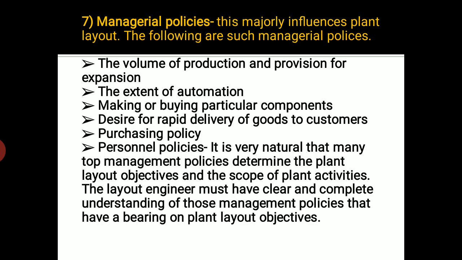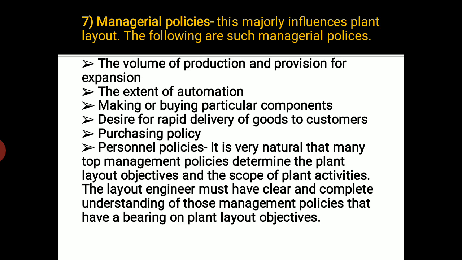It is very natural that many top management policies determine the plant layout objectives and the scope of plant activities. The layout engineer must have a clear and complete understanding of those management policies that have a bearing on the plant layout objectives. That means if you want to have the ideal plant layout, then all these policies should be studied before taking the decision of plant layout.